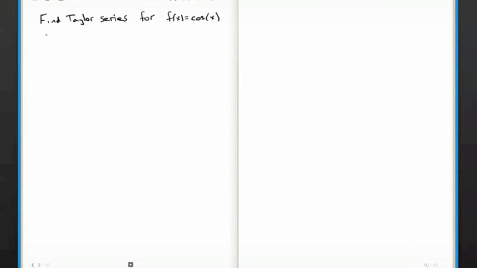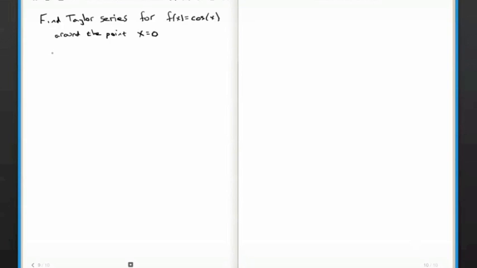And then my step one is to find, and this is around the point x equals 0. So we're going to just kind of work around the origin again.